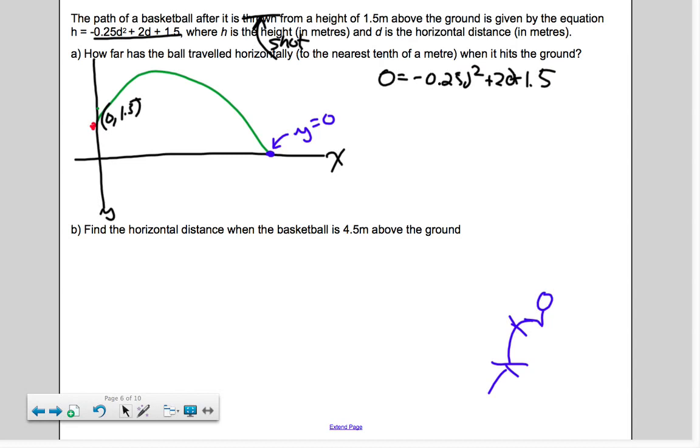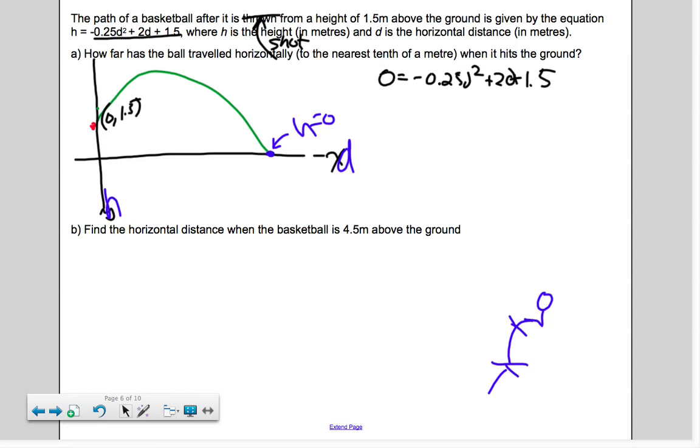When height is 0, we plug in 0 for h. I should use h here to be more accurate. This should be our h, and this is really d. To simulate what we're talking about, here we have h is 0.